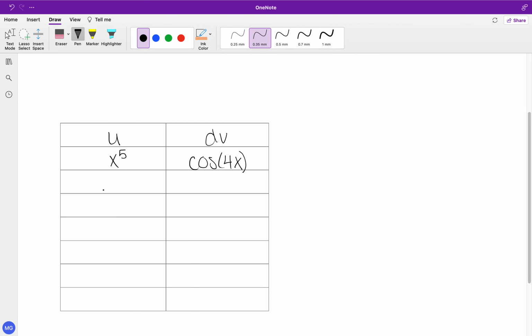The derivative of x to the fifth would be 5x to the fourth, then 20x to the third, then 60x to the second, then 120x, then 120, and lastly 0.